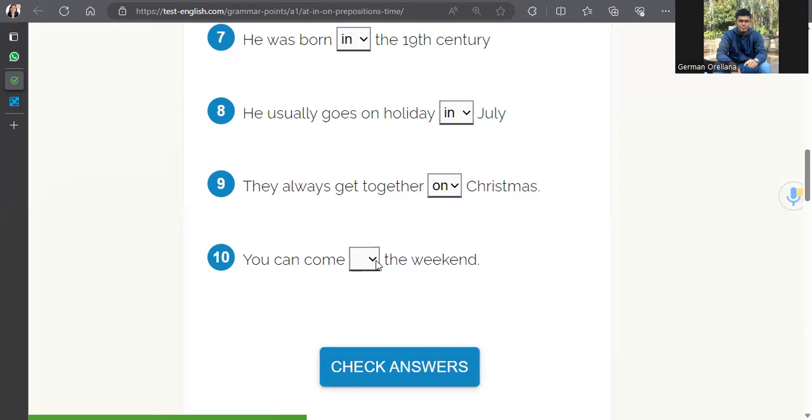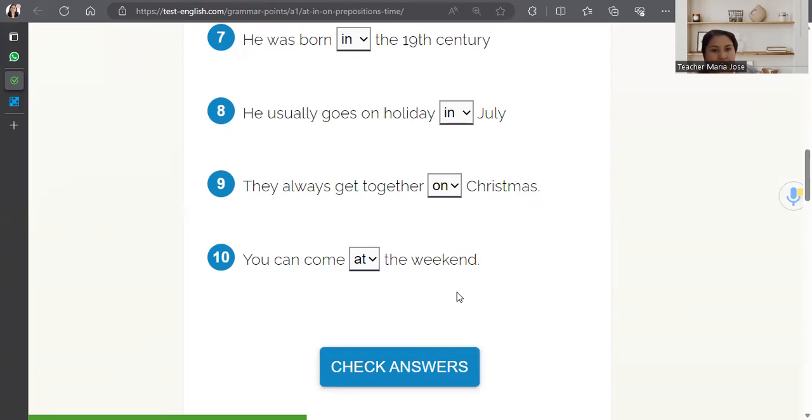On. At. You can say on the weekend and you can say at the weekend. At is very specific and on is like in general, when you talk about in general, okay?